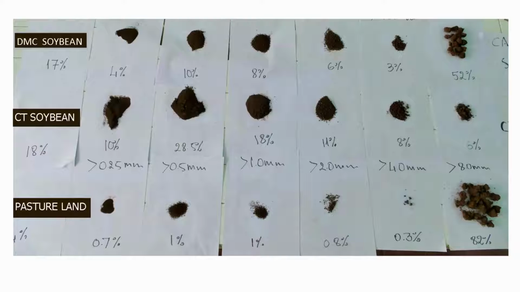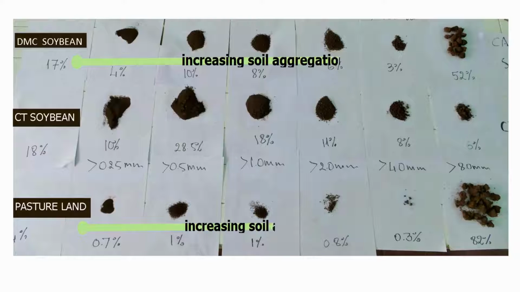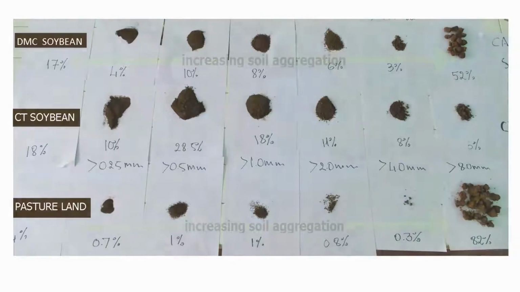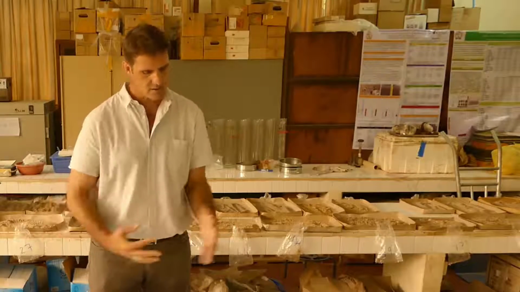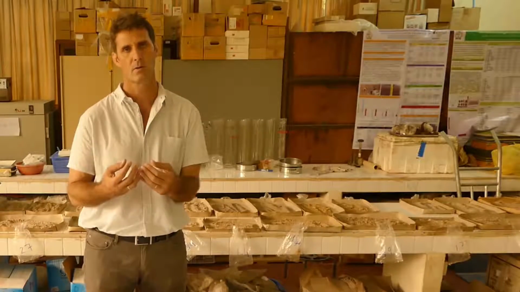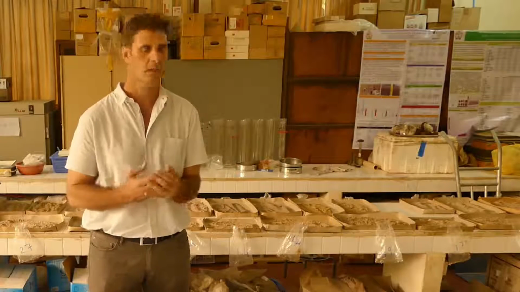If we have a lot of macro aggregates, that means that the quality and the quantity of the organic inputs that we have is very good and helps us to improve the soil aggregation. Improving the soil aggregation means also to protect the soil organic carbon and the fresh organic carbon. So a better soil aggregation will contribute to the soil organic carbon accumulation.